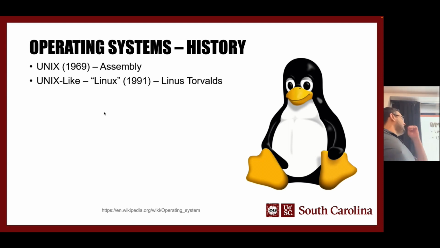We start out with Unix, which was written in assembly. Yuck. I hate to be the person that did that. Way back in 1969. Then it changed into what are called Unix-like operating systems. That's why you get the L in Linux. Linux was founded by Linus Torvalds. He's still alive today.